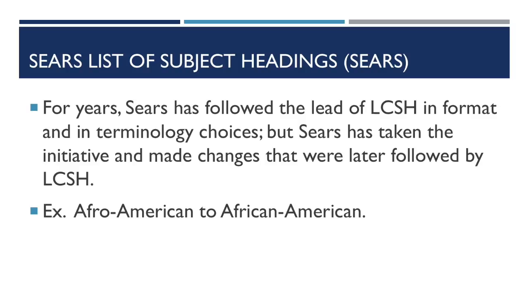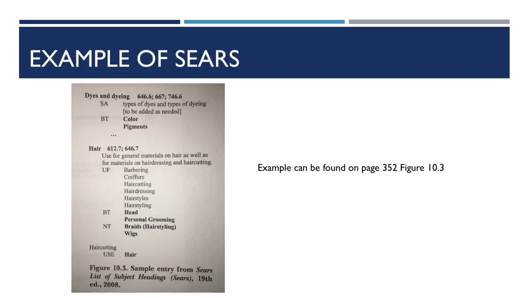So that's the example of how it was listed one way as Afro-American, and as time evolved and changed, it became African American. So it changed within the subject heading system. Here's an example that our text shows us of what a Sears subject heading looks like. And again, this can be found on page 352.